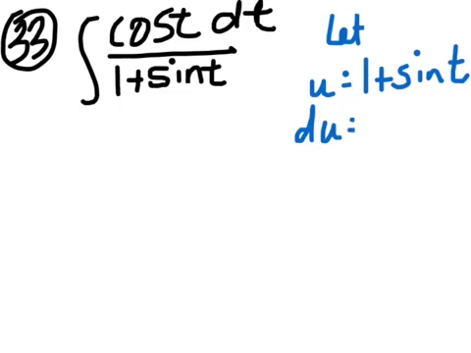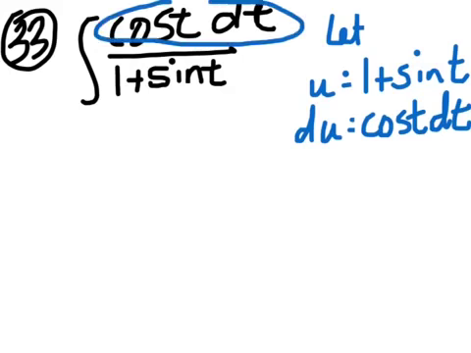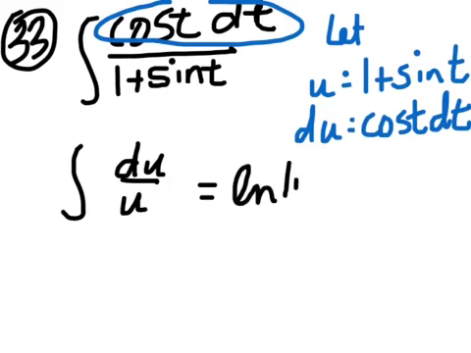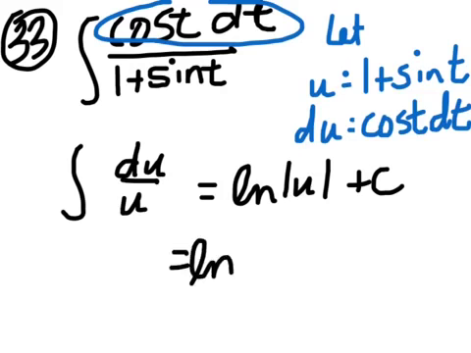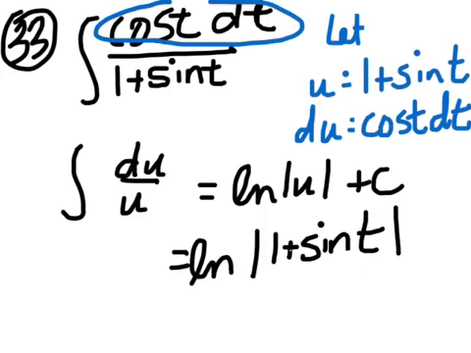The derivative of sine t is cosine t dt. So if you look, that's what I have right here. I'm going to rewrite the integral as du over u, which would just be ln u plus c, but we just need to go back and substitute our u, which is 1 plus sine t. So it ends up being pretty nice.